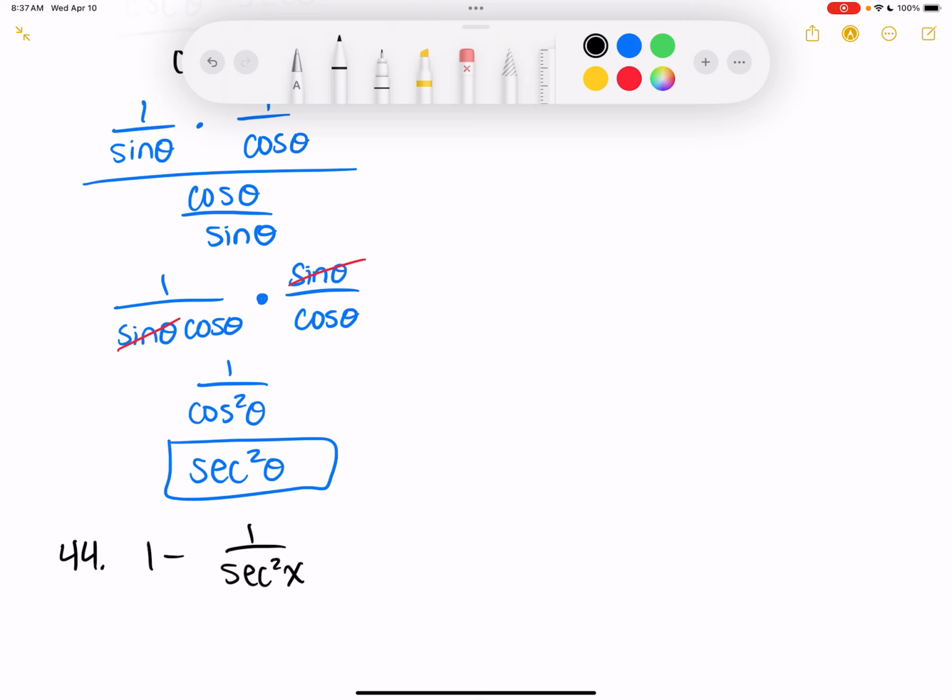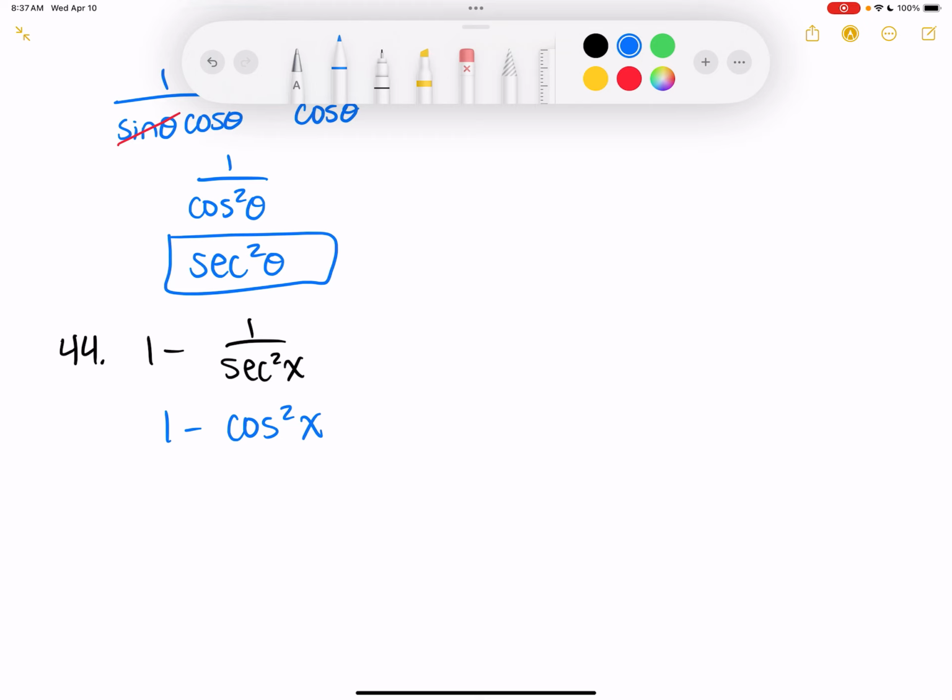That'd just be cosine squared, so this is going to become 1 minus cosine squared of x.